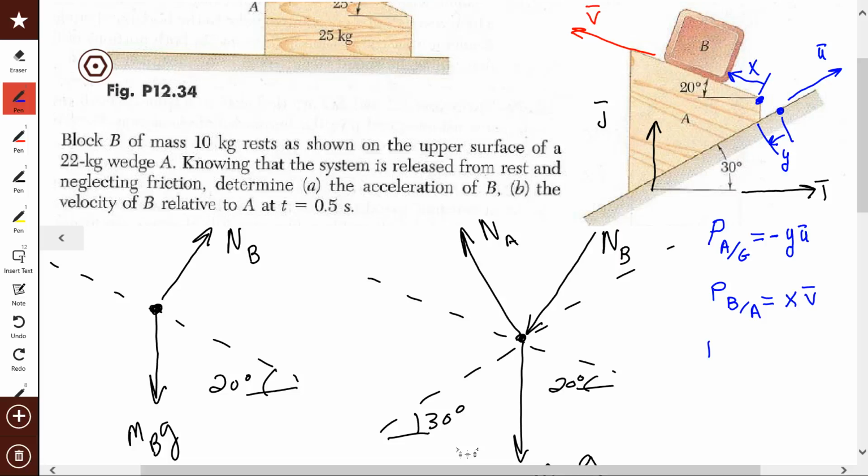So the position of B relative to G is going to equal the position of B relative to A plus the position of A relative to G.